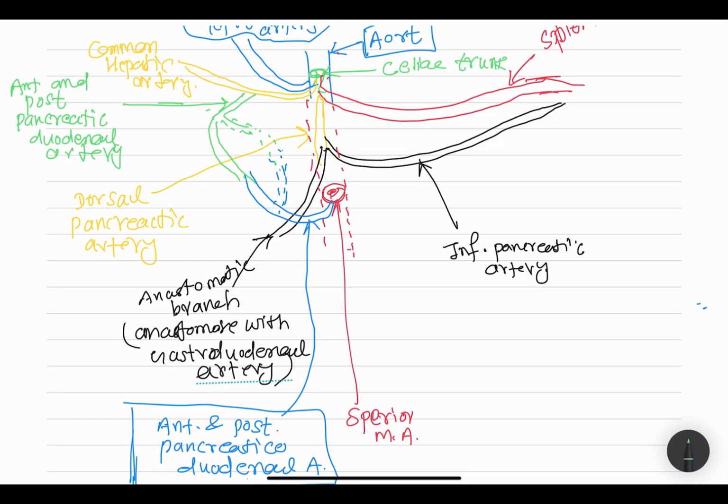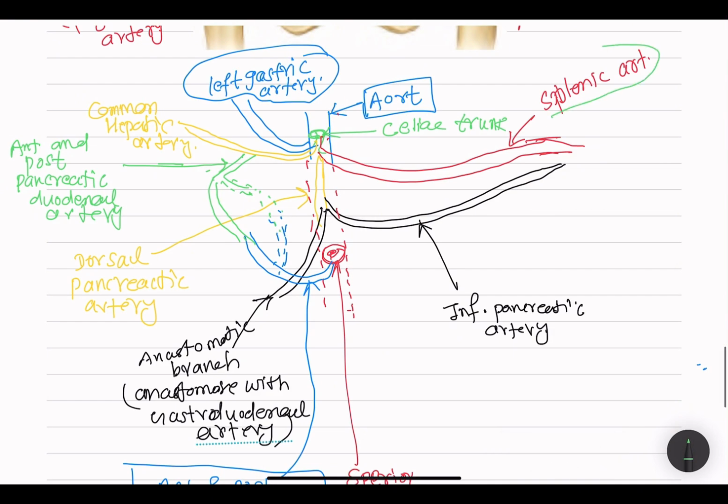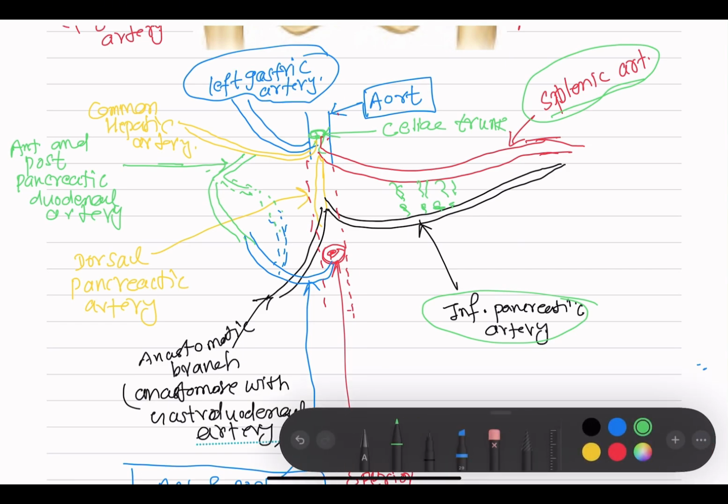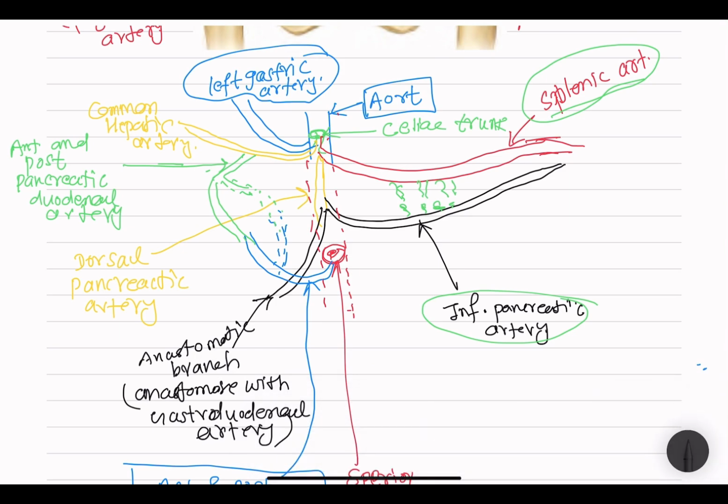Now from this splenic artery, there are also branches which supply the pancreas, and also from this inferior pancreatic artery, it's going and supplies the pancreas. And there is one more important branch, from the splenic artery, and from the inferior pancreatic artery, they both unite and form the artery of tail.